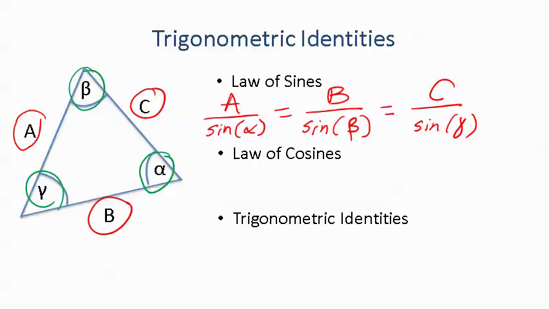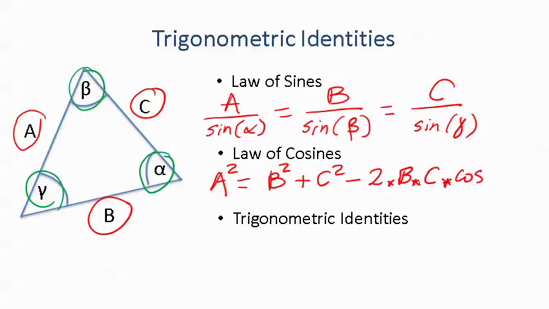The next law is the law of cosines. The law of cosines states that the square of one of the sides is equal to the sum of the squares of the other two sides minus 2 times the product of the other two sides times the cosine of the included angle in those two other sides.